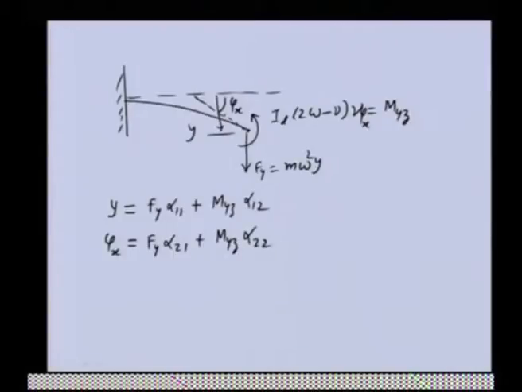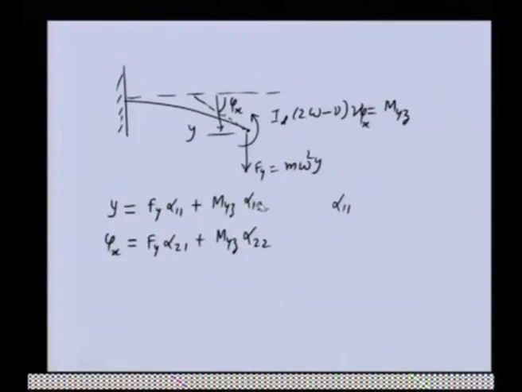So basically, if we want to see the definition of these influence coefficients, alpha 11 is the linear displacement for a unit force, keeping all other moments 0. So that means if we keep this moment 0, alpha 11 is equal to y if we are taking the Fy as 1.